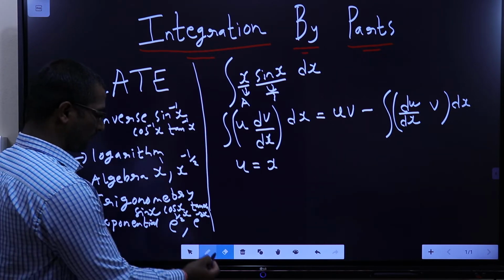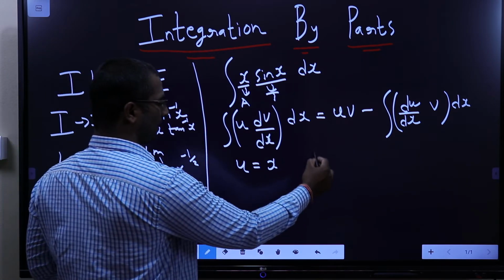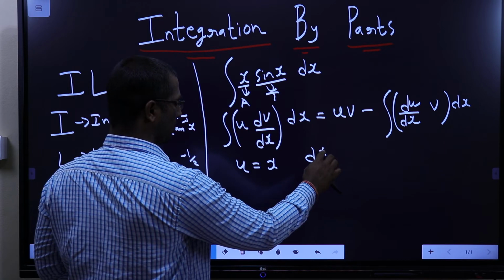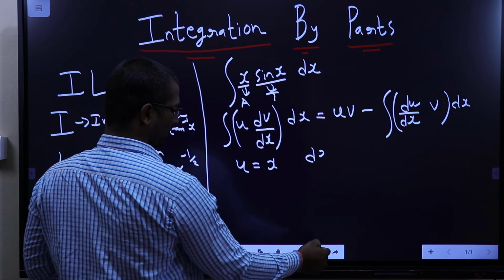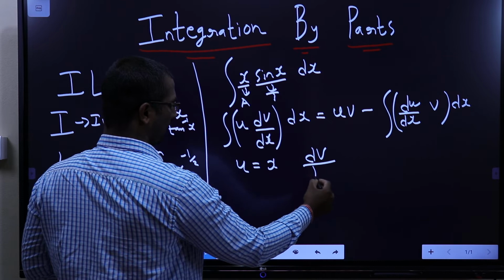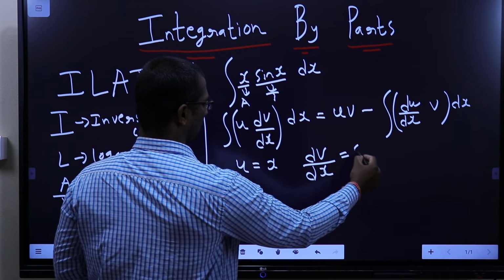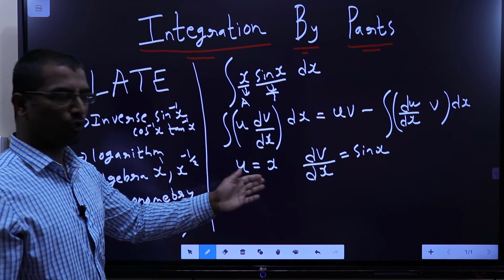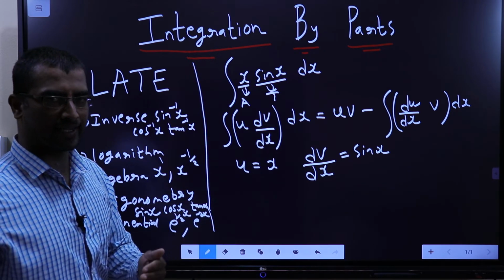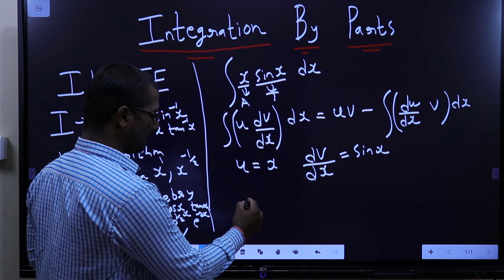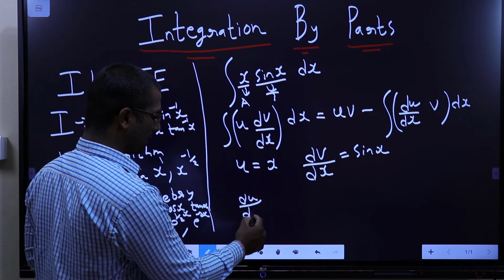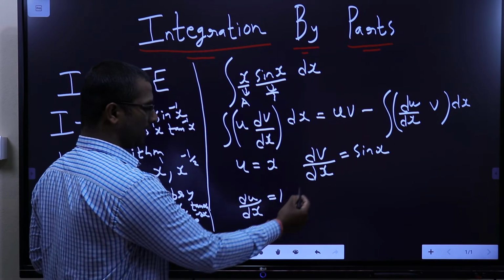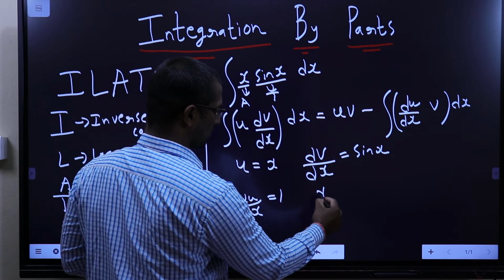Next step. Once u is selected, automatically the left out one has to be dv by dx. Okay. Once u and dv by dx is selected, next you need to differentiate this. So if I differentiate it, I get 1 here, and you should integrate this.